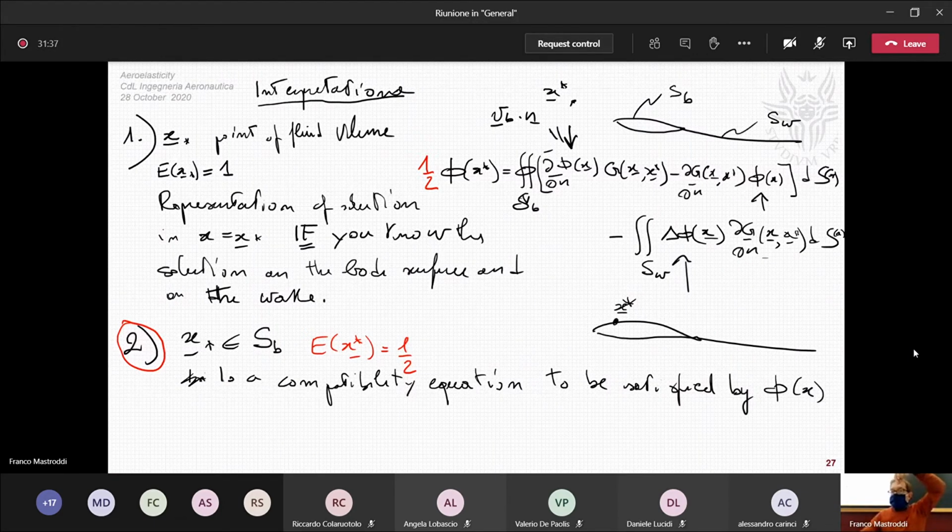So note, phi of x has to be integrated. Phi star is fixed. It's strange, but it's not so strange. Okay?